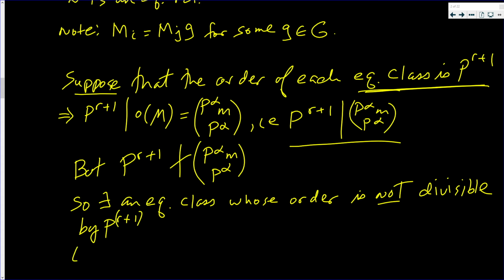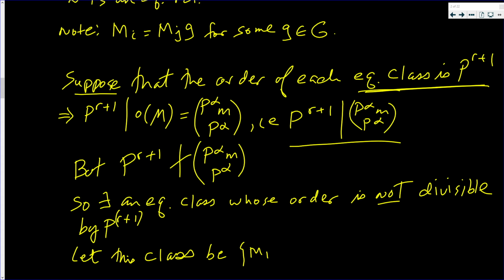Okay, so I don't know what to call this set. Okay, let this class be. Remember, subscript m has subgroups of order p to the q. And we're taking a class.